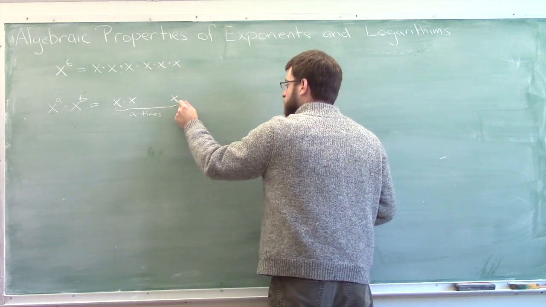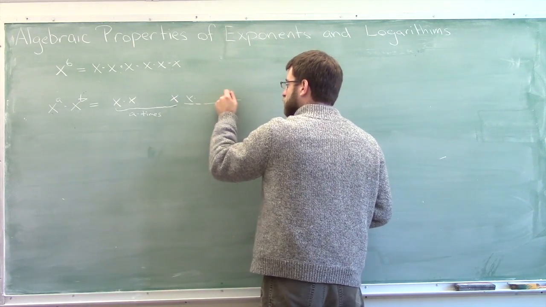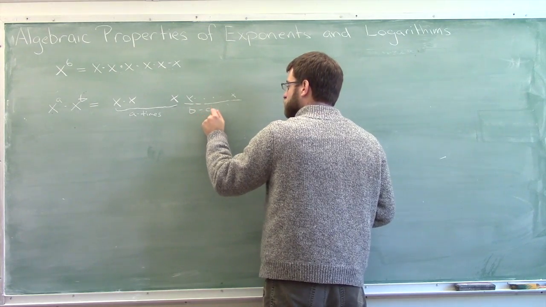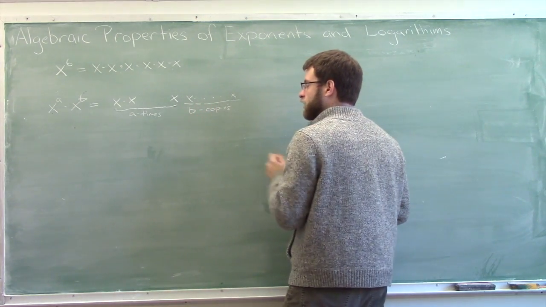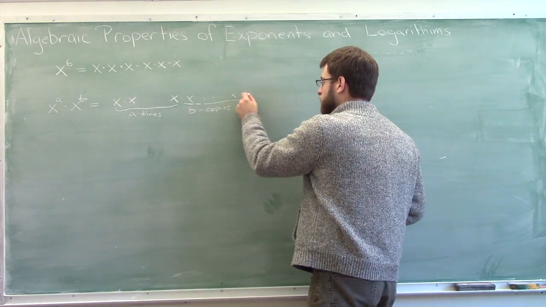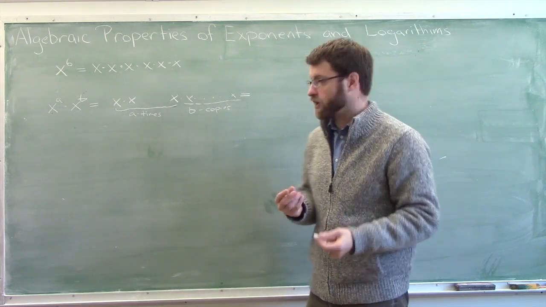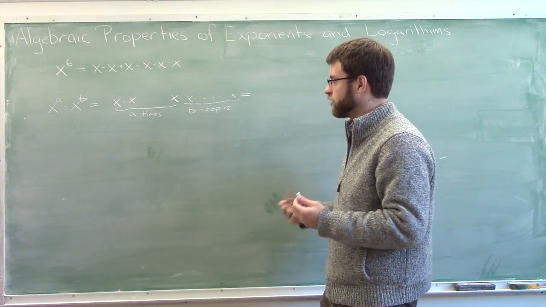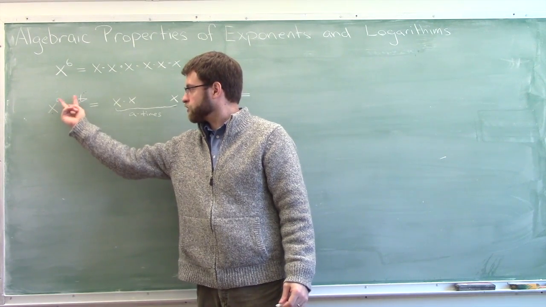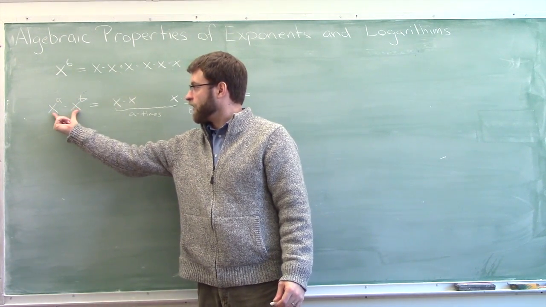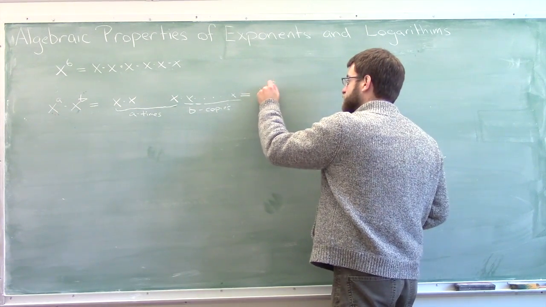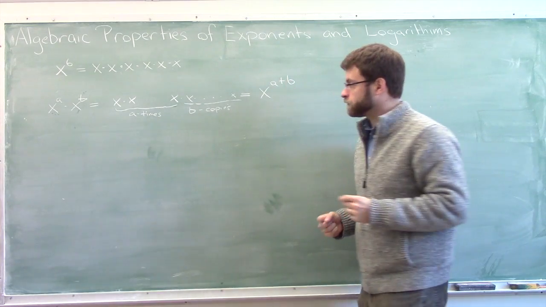And then x to the b, if we unravel that, maybe that's a little smaller, we've got b copies of x right there. All right? Now, if we think about grouping those all together, that's going to be one of the properties of exponents, the addition property of exponents. When I multiply two exponential expressions together, and they have the same base, the exponents add. So this is equal to x to the a plus b.